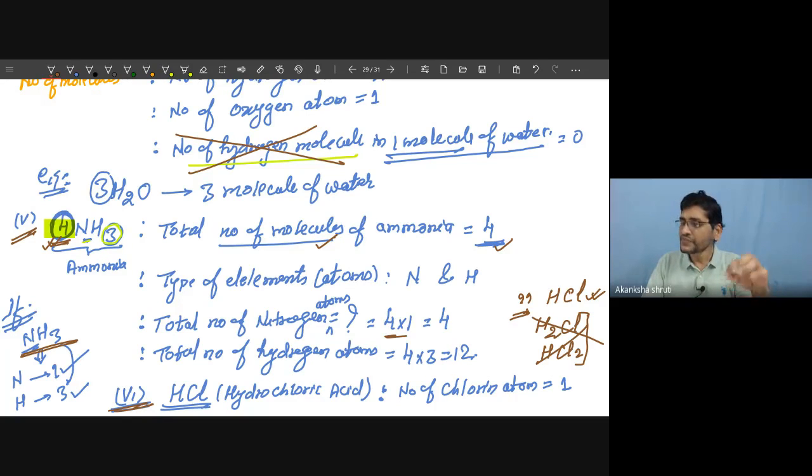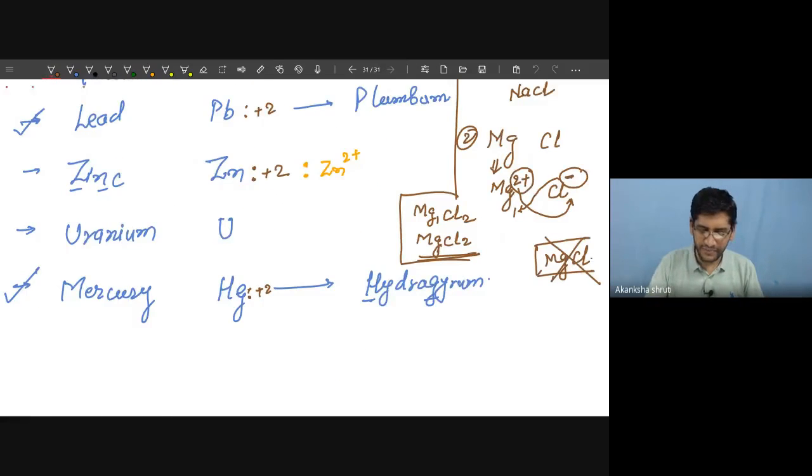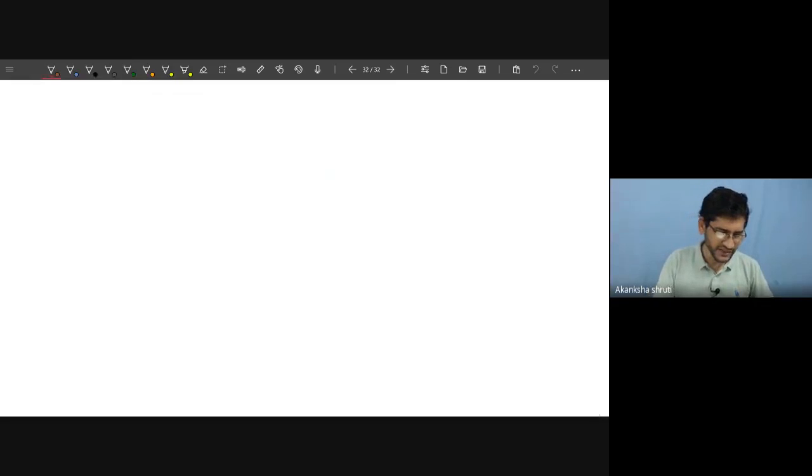Students, molecules are formed by the combination of atoms or groups of atoms. So let us go for that: how these atoms are combining. So, student, molecule formation.